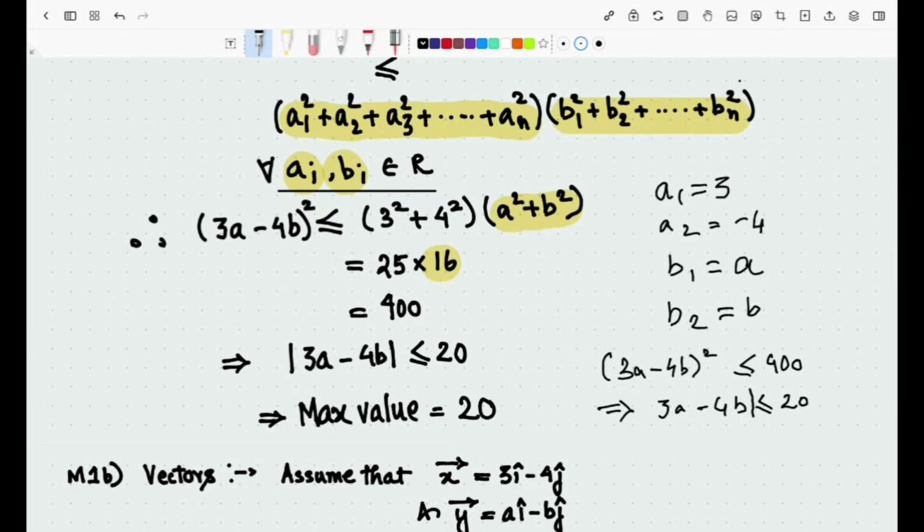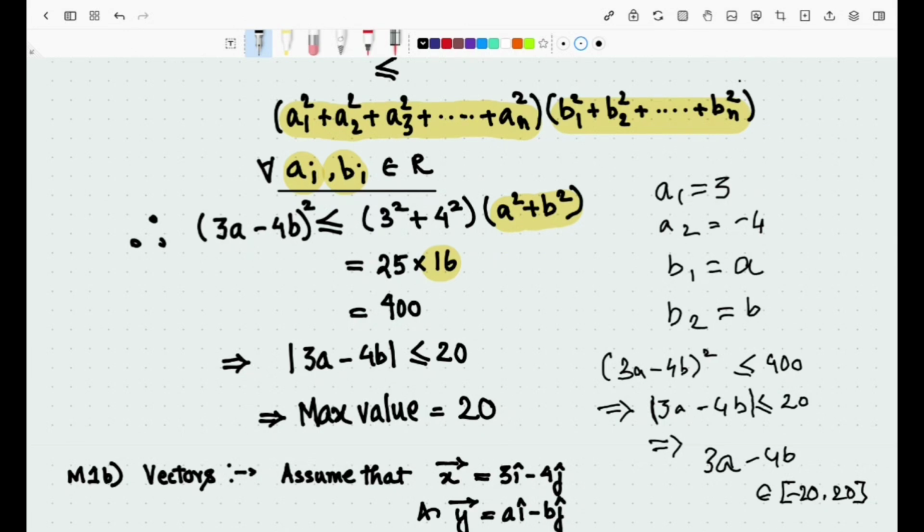So you have to give a modulus here. You must put a modulus in this expression, because when you remove the modulus, you may say that 3a minus 4b belongs to minus 20 to plus 20. This is the range of 3a minus 4b.